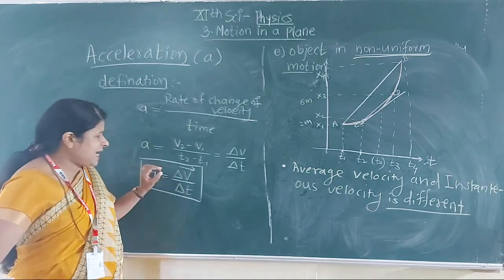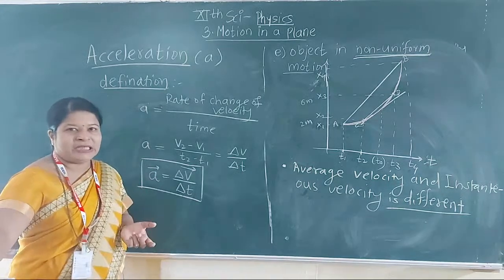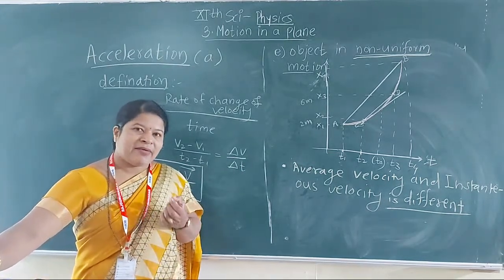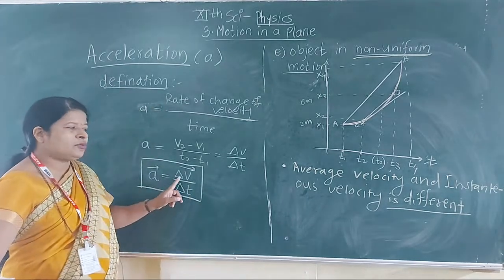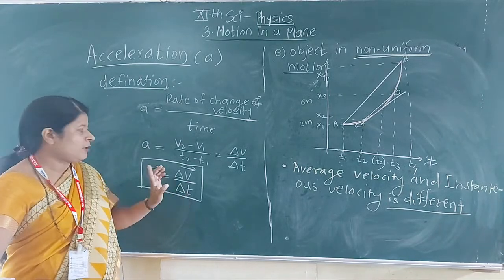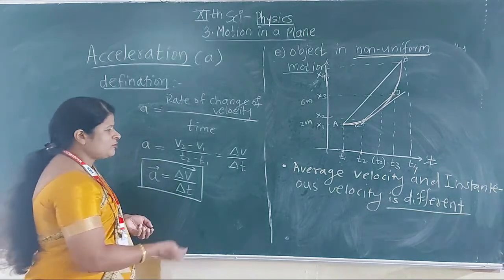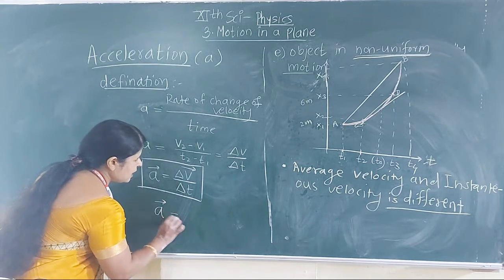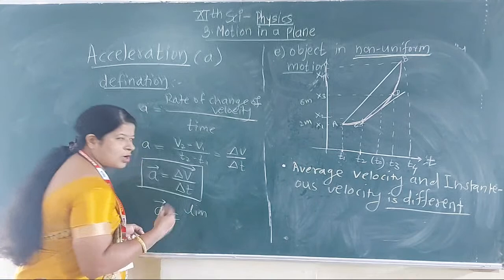Now this acceleration can be instantaneous and also average. For instantaneous acceleration and average acceleration the formula is the same, a is equal to change in velocity divided by change in time. But for instantaneous acceleration we use limits, for a short time.